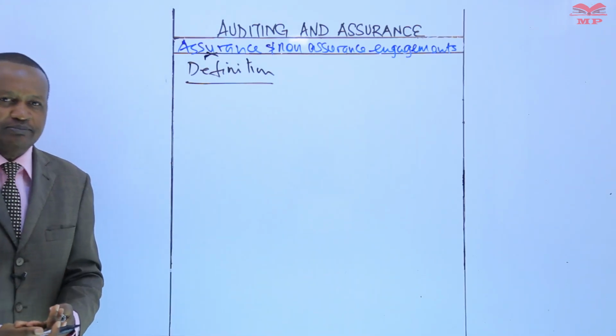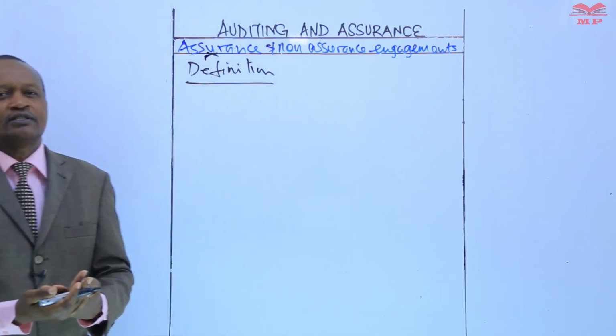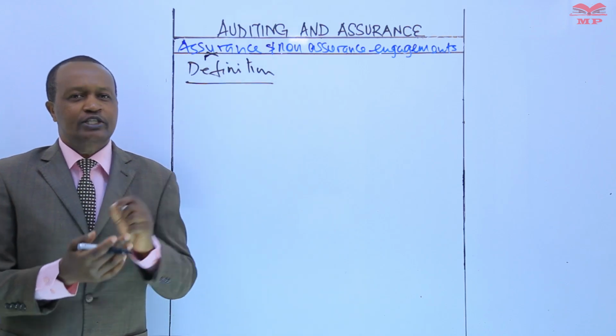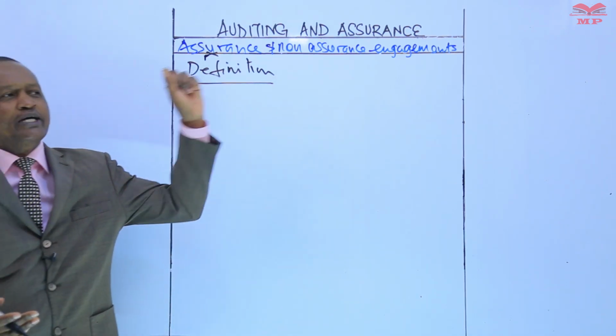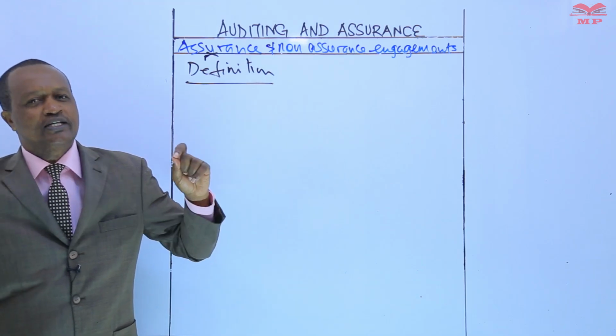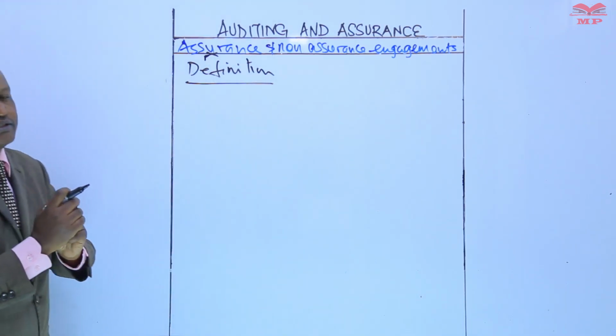Now, in simpler terms, an assurance engagement is a process where a professional examines information prepared by someone else and gives their opinion on whether the information is reliable and accurate.